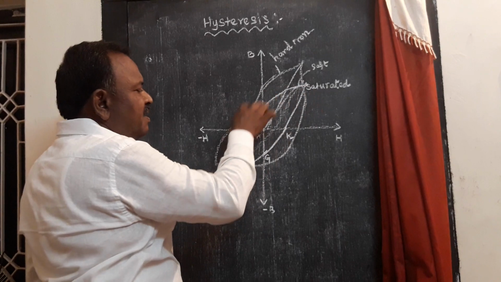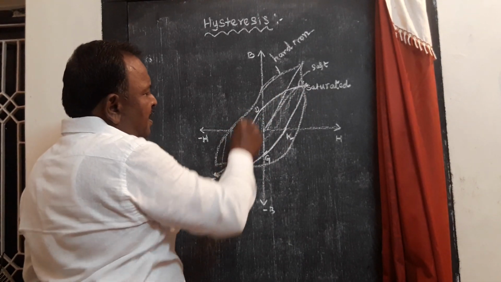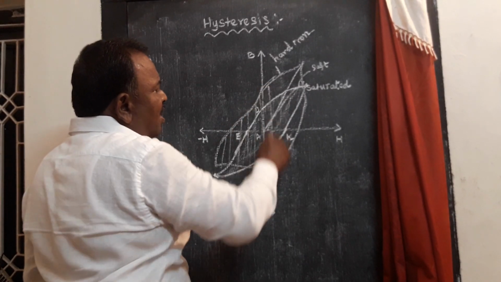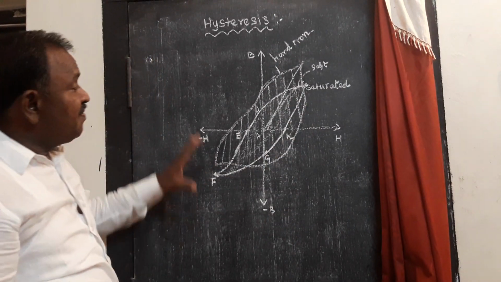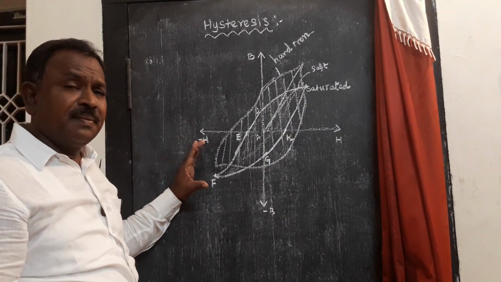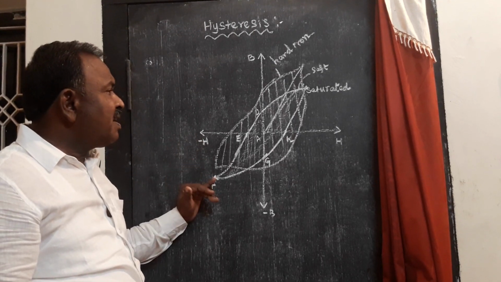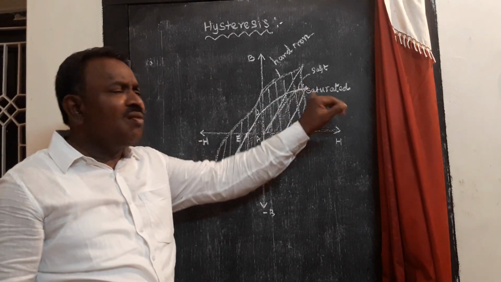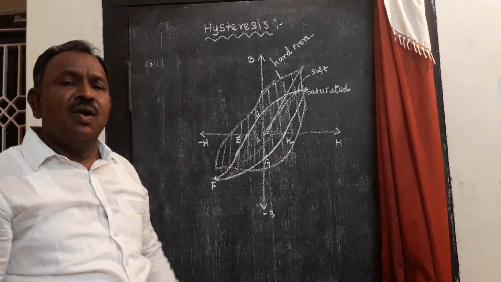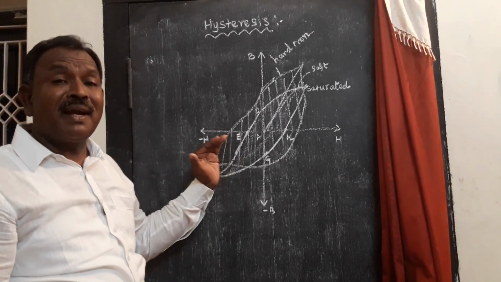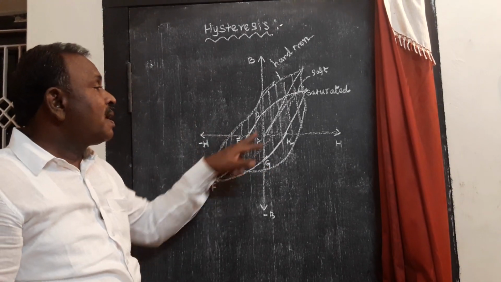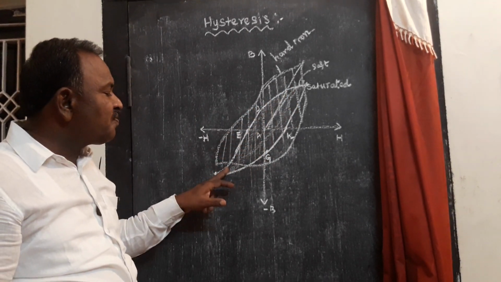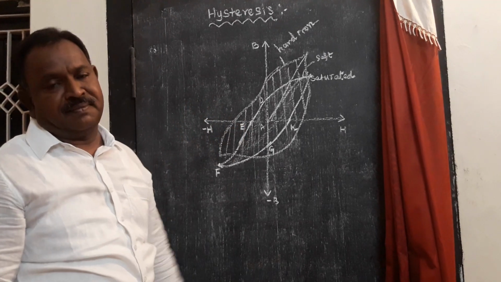So this is soft iron and hard iron. When you see the hysteresis loop of hard iron, it will enclose a larger area. So from the study we can see that when soft iron is taken through a cycle of magnetization, only a little amount of magnetic energy is wasted because the area enclosed for the soft iron is lesser.